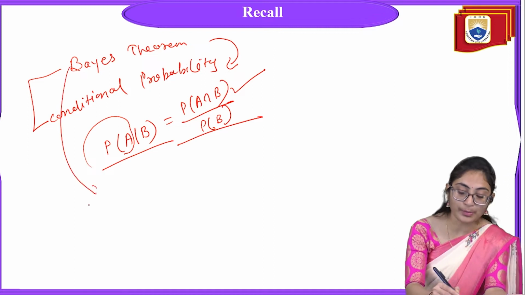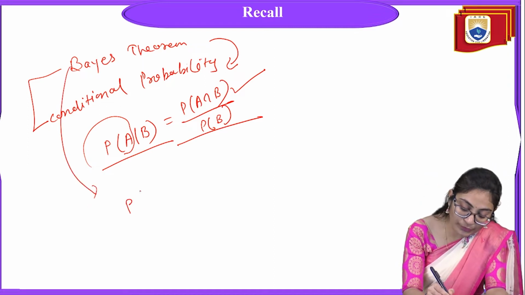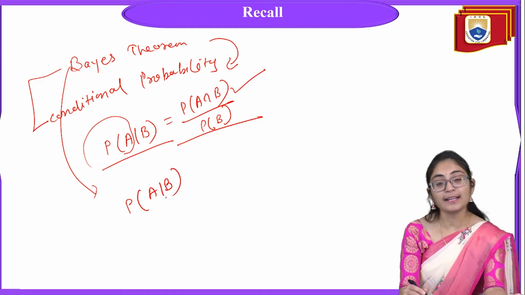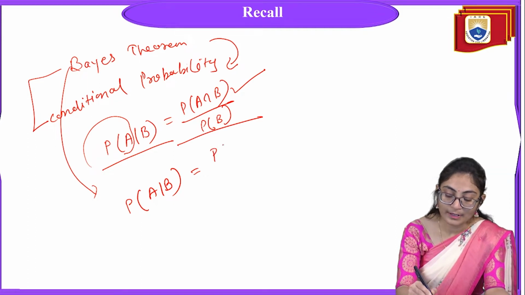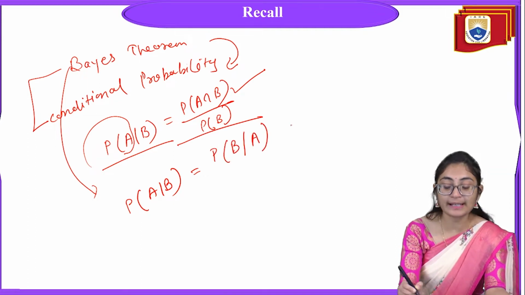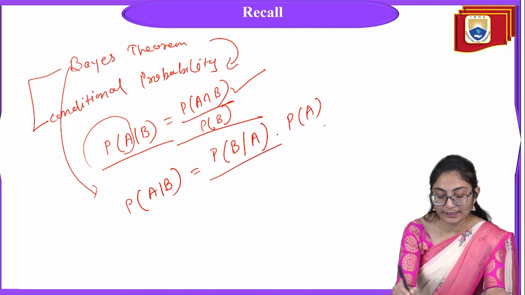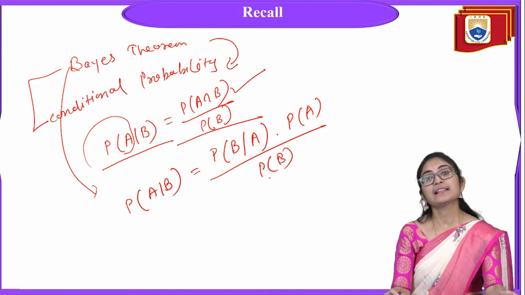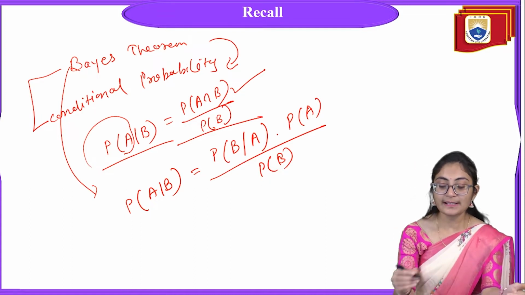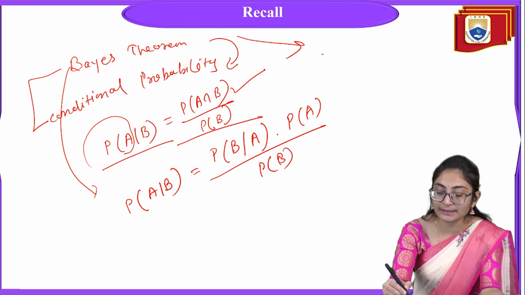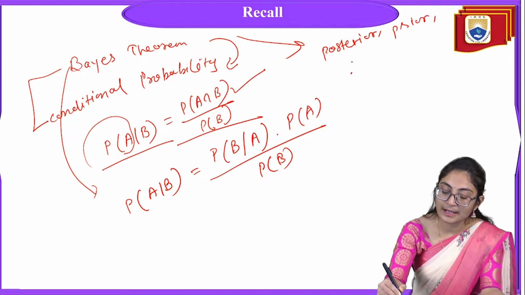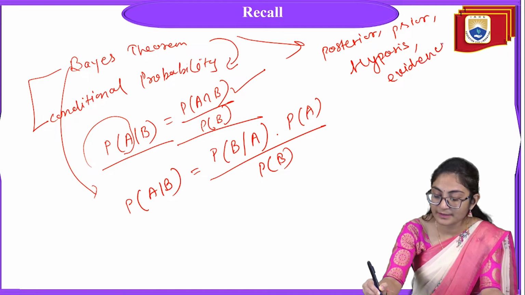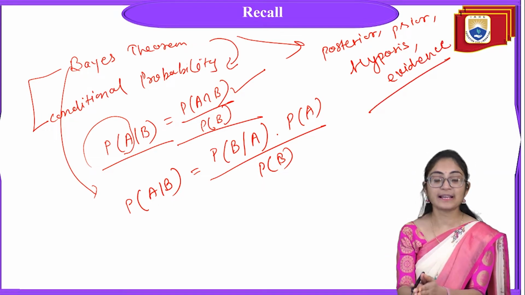Then what is Bayes theorem? We can say that P of A given B is equal to probability of B given A into probability of A divided by probability of B. This is your Bayes theorem. That means Bayes theorem will contain some posterior, some prior, hypothesis, and evidence.